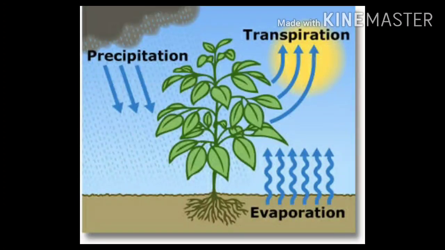Why do we feel cool? Yes, because of which process? Transpiration. So there is a loss of water, and because of the water present in the atmosphere, we feel cool. It causes suction force to make roots absorb more water with mineral ions, and this gives a cooling effect.